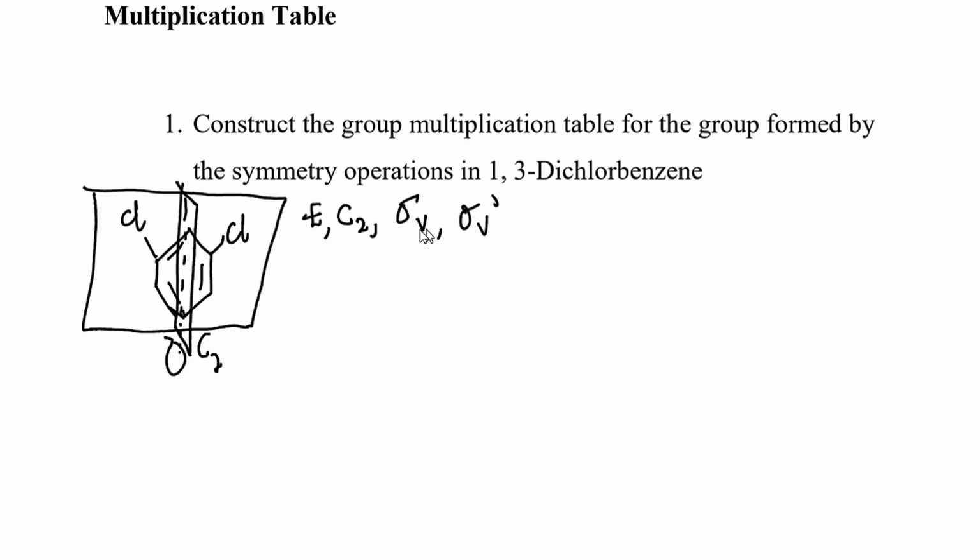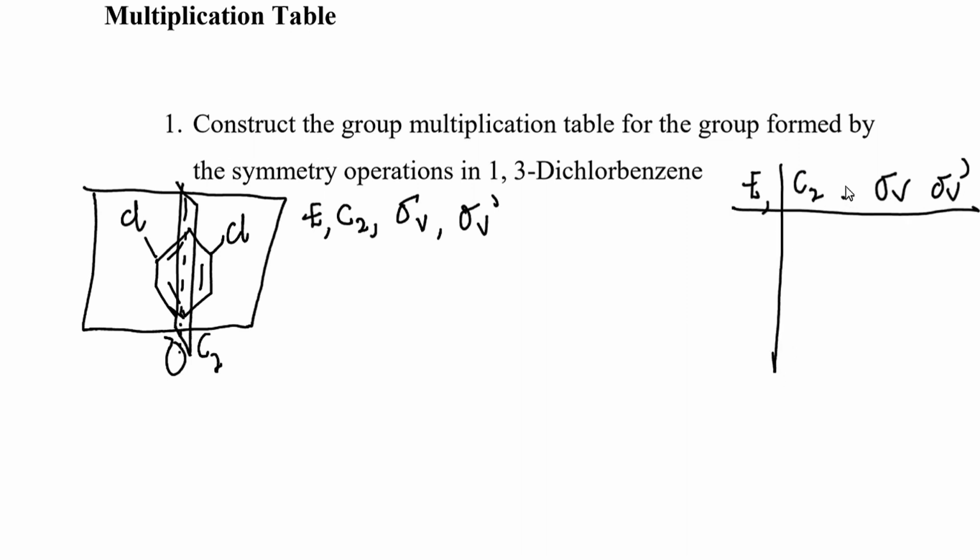Now we need to construct a multiplication table with these symmetry elements. So we have identity, C2, sigma V and sigma V prime. Let's construct the table.